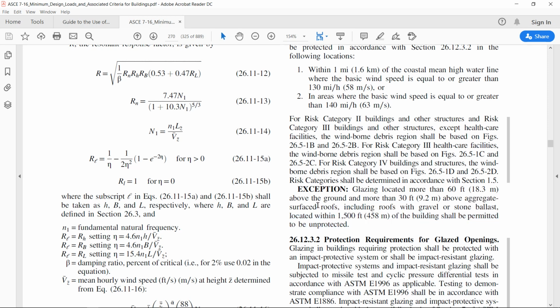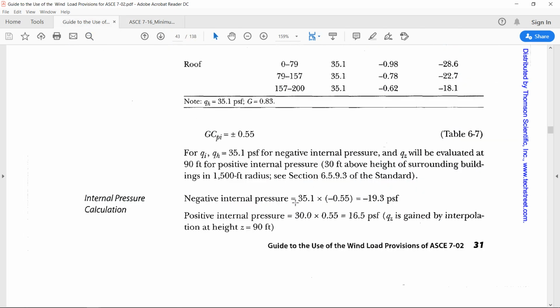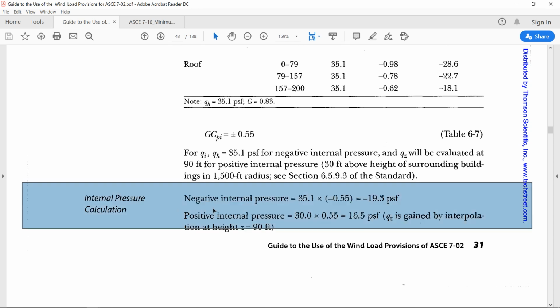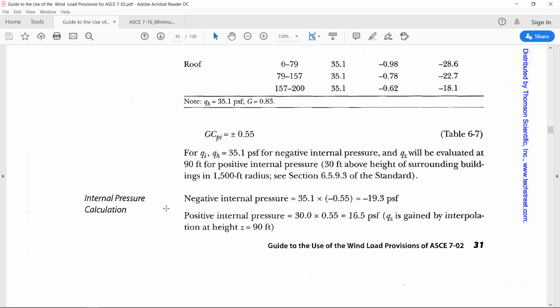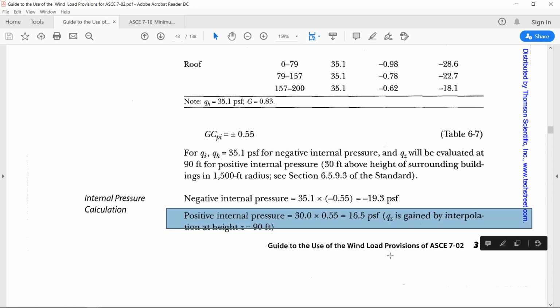And it was mentioned somewhere in this example that the surrounding buildings are 60 feet high. So we added 30 feet to the 60 feet and this becomes 90 feet. That's why, here you can see that qz is gained by interpolation at a height of 90 feet.